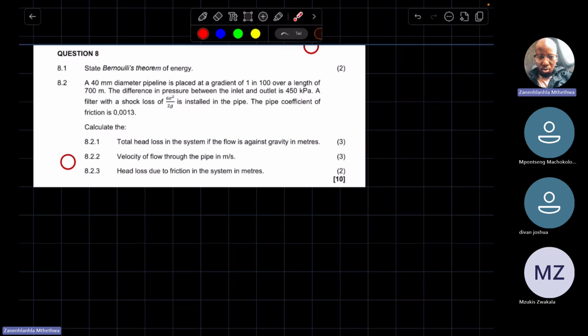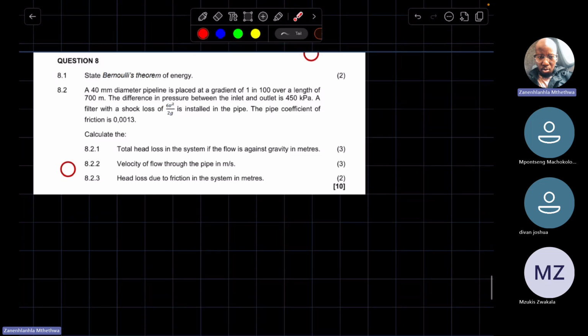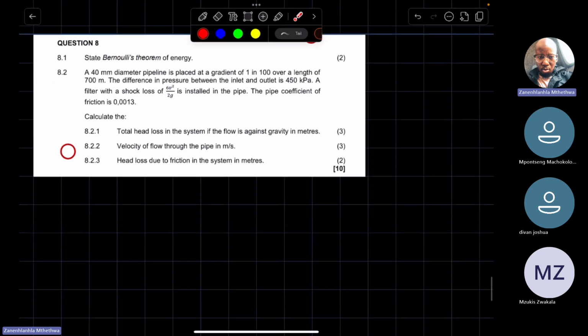Those are the standard three energies that we look at under Bernoulli's theorem. Of course, you find that there are losses in the system, which introduces other energies. But the three standard energies that Bernoulli's principle looks at are the pressure energy, kinetic energy, and potential energy.